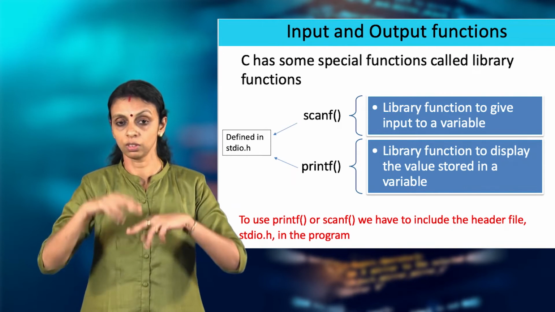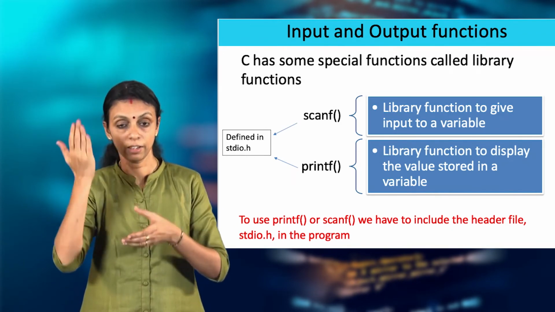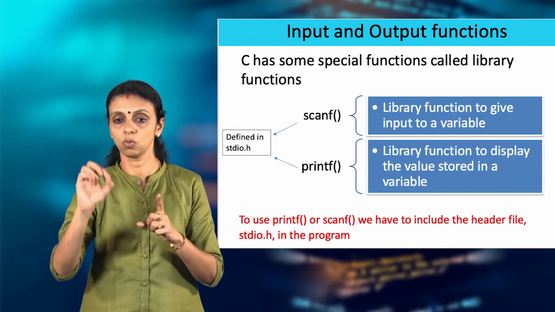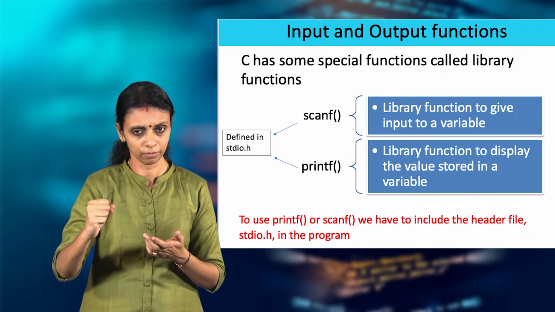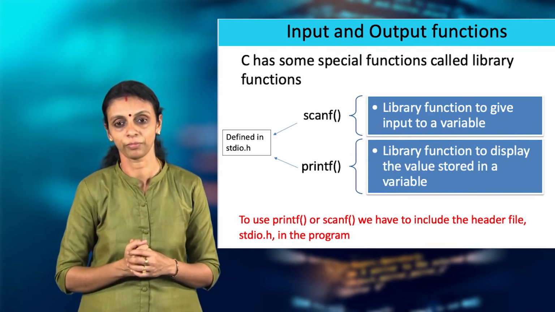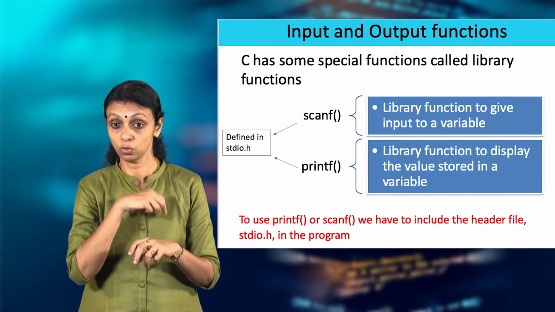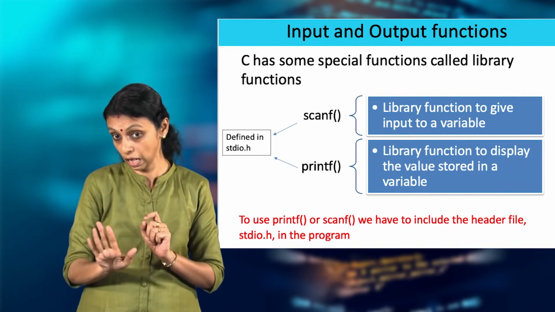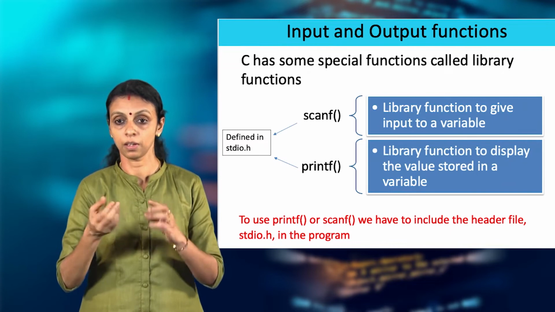Both these functions are defined in the header file stdio.h. Hope you remember the preprocessor statement we used in the first program. So, to use printf or scanf, we have to include this header file stdio.h.